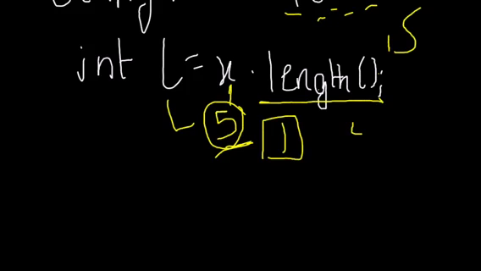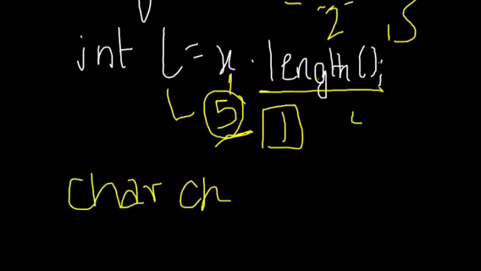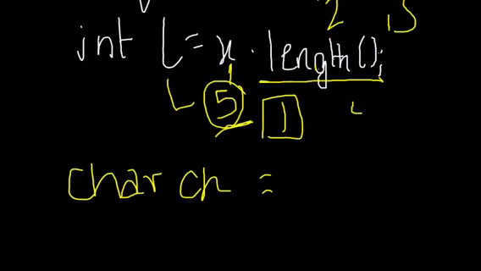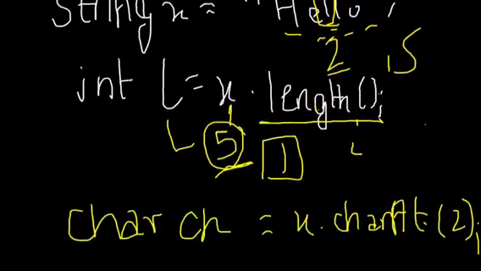What other methods can you call on a string? Let's say I wanted an individual character from hello, this first L. It is in the second position, so I could write char ch equals x dot charAt, and the position, 2.